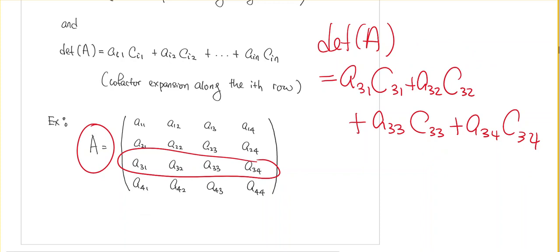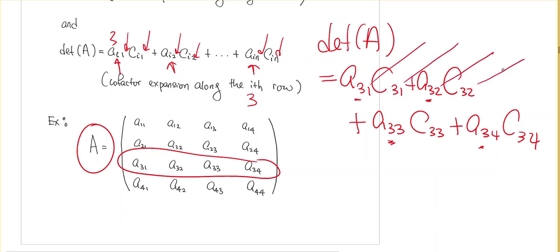So we are expanding along the third row. When we expand along the third row, the i here is 3. You can see this is 3, this is 3, this is 3. It's always 3. The thing that is changing is the column, from column 1 to column 2 all the way to column n. In our case, we have column 1, and then we move to column 2, column 3, column 4.